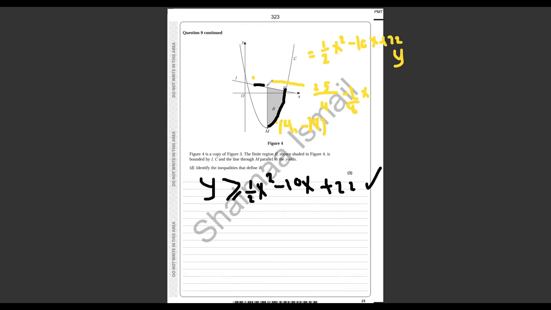The second equation is a line, so the region here is less than the line. So y is less than or equal to 25 over 4 minus 1 over 8x, and for this line we have x equal to 4.